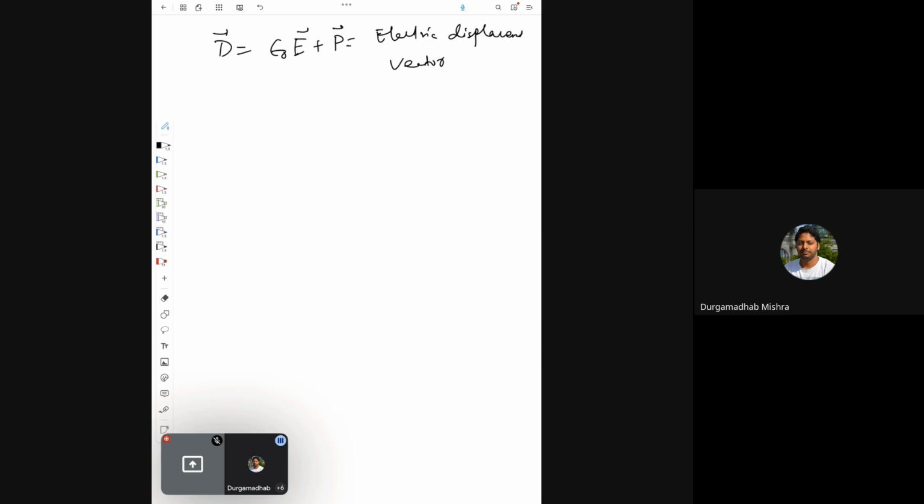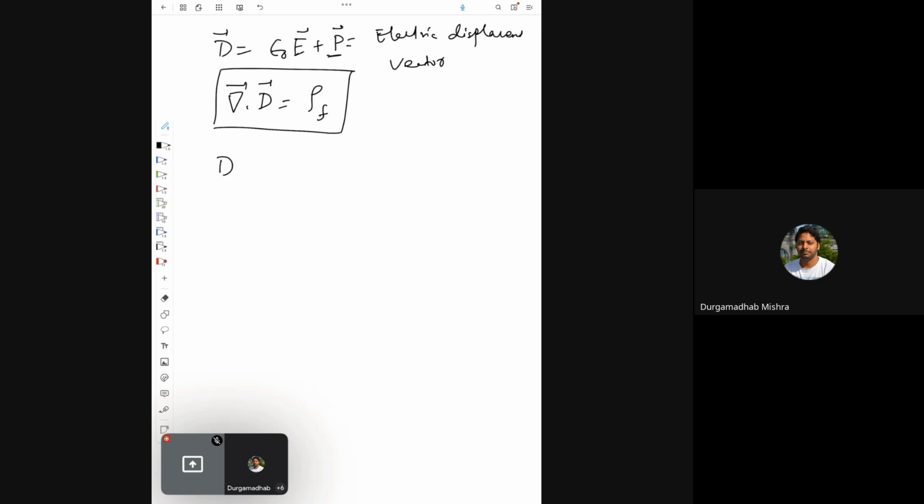This is different from the electric field that is present inside or applied. Due to the polarization, the electric field has changed to this electric displacement vector, and your Gauss's law is now changed to this form.